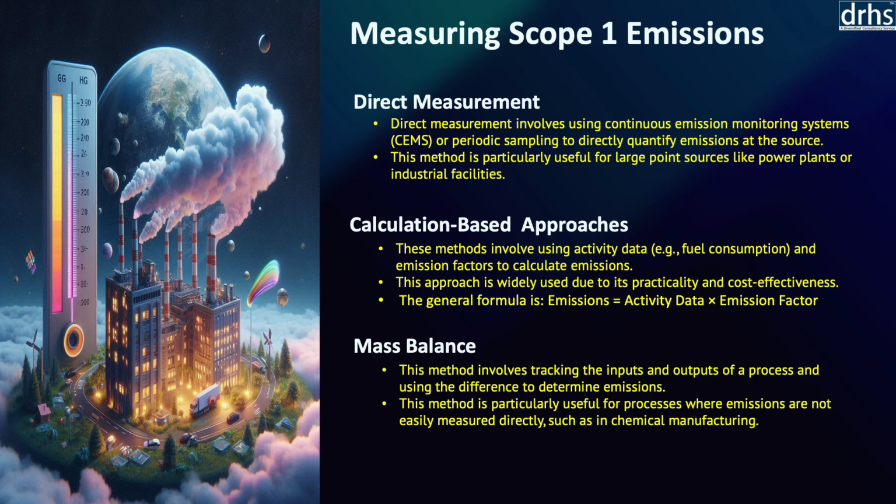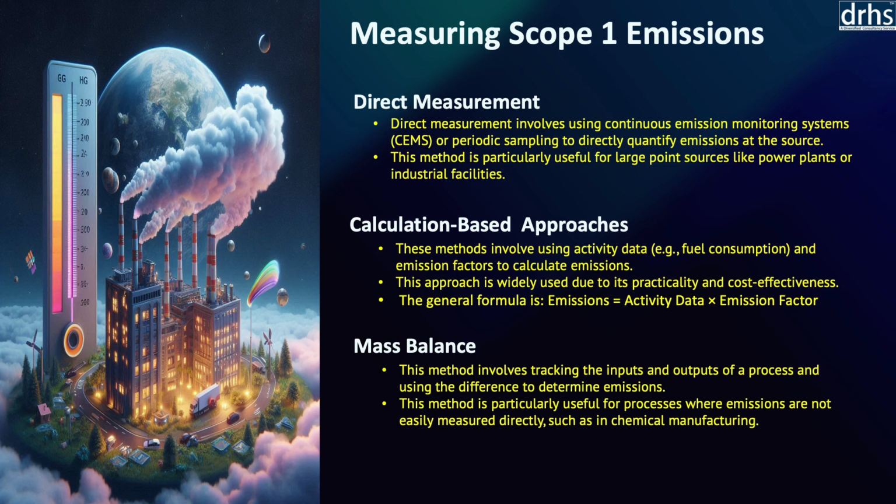It provides a more comprehensive understanding of emission but requires detailed knowledge of the process and its input. The European Commission explained the mass balance approach can be useful when the inputs and outputs of the process are well known but direct emissions are difficult to measure.